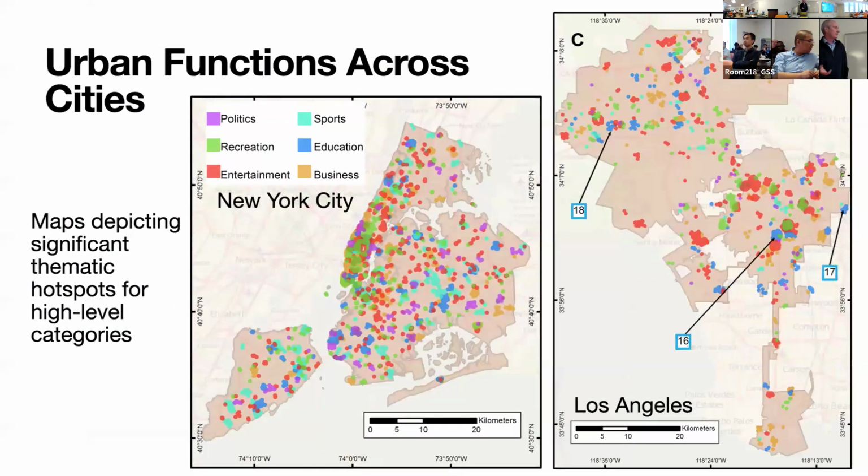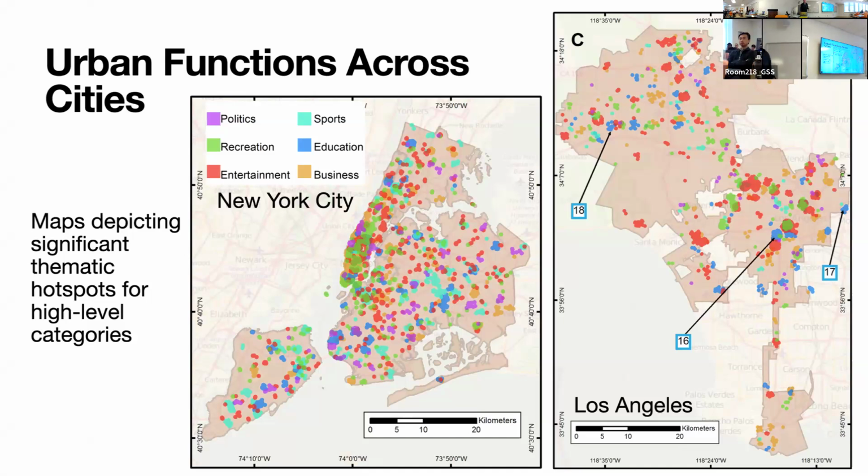And it's not just English, you can do it in different languages or different cities. So we can look at entertainment clusters in, say, the whole of New York City or Los Angeles. You can also pick out where universities are through what people are talking about. So the blue area, the universities within LA, for example.